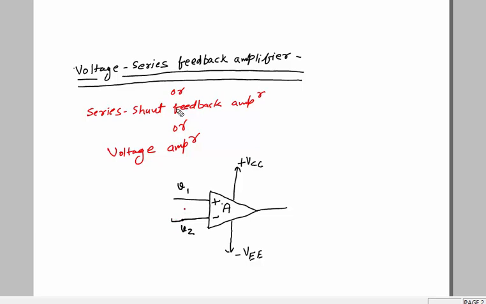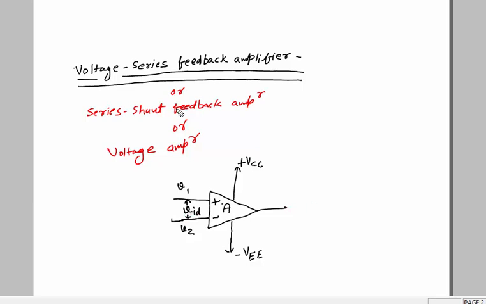The difference of these inputs will be VID, and this VID will be amplified. So V0 will be VID multiplied by A, which is the gain.